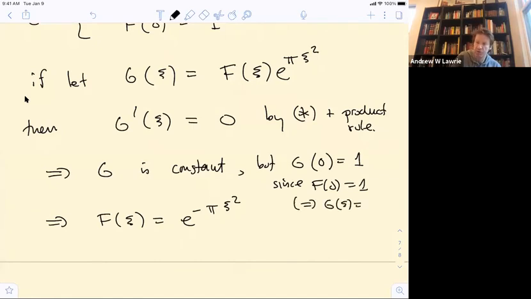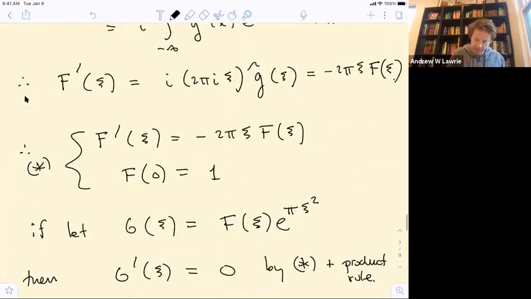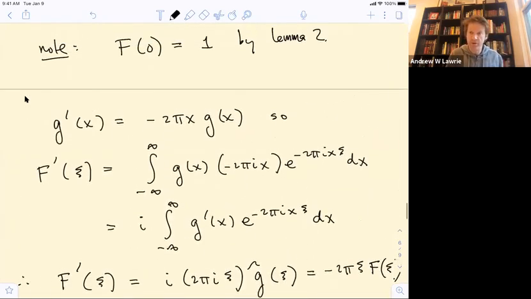It's constant, it's equal to 1 at 0, so it's equal to 1 everywhere, for every c. And this completes the proof. Remember, by definition, this is just g hat of c. So that's the proof of the theorem: the Gaussian function is its own Fourier transform.